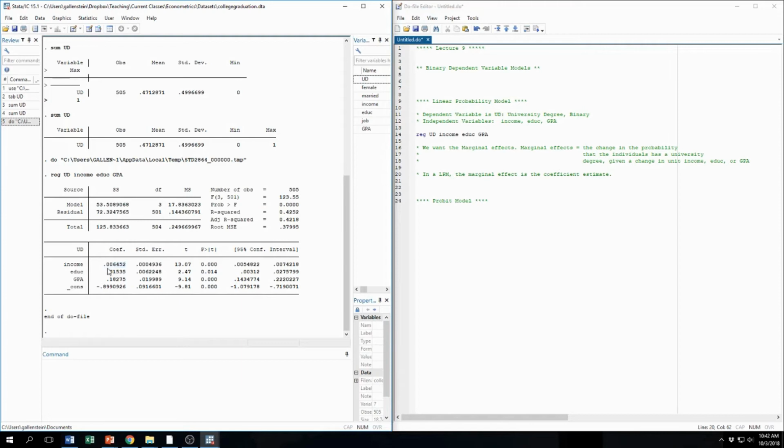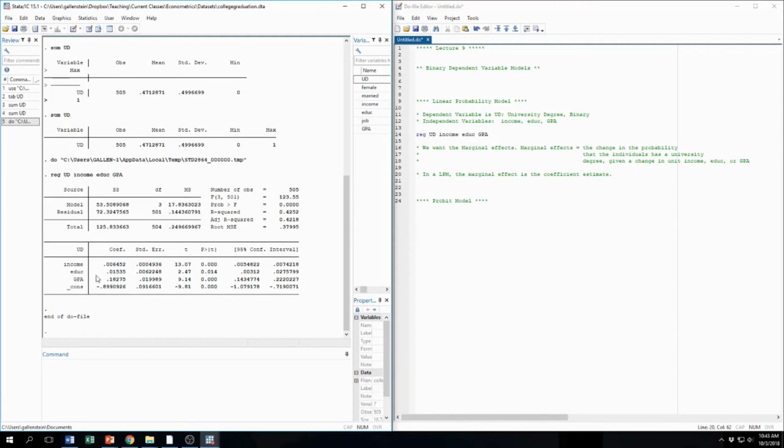Whenever you're reading something in probabilities, you move the decimal 2 places. So the way that I would interpret this is that a $1,000 increase in parents' annual income increases the probability that a student will have a university degree by 0.6%.